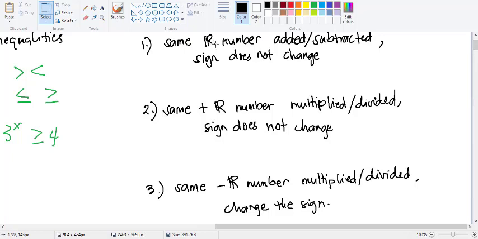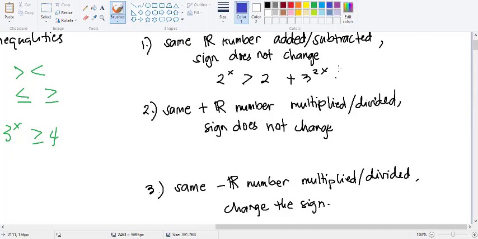So same real number, if you are going to add or subtract the same real number, the sign of the inequality does not change. So for example, if you have 2 to the power of x is greater than 2x plus 3 to the power of 2x. Kunwari lang, let's say, palitan ko na lang to guys ha. Kunwari lang, you will deduct 2 both sides para matanggal to. No, kunwari lang ha.